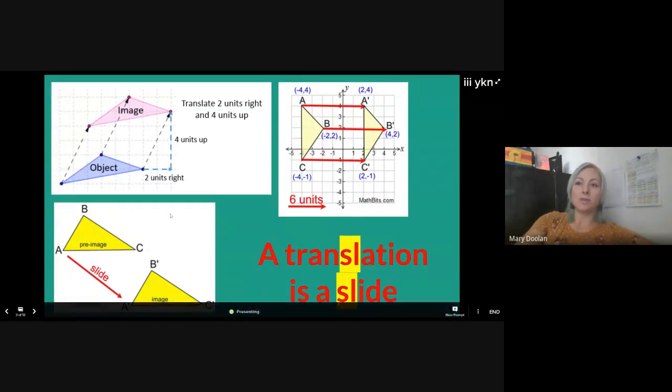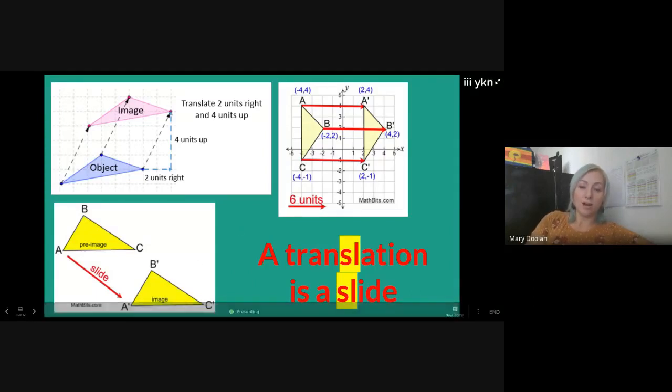You can see that in this picture with the yellow triangles. You have a pre-image, which is what you start with, and then it slides to the image, which is what you end with. Notice that the vertices A, B, C, after you slide it, after you translate it, become A prime, B prime, C prime. So we still have our same vertices, but they've been translated and now they're slightly different. They come with a little tick mark to show that they're different, but they originated from the original A, B, and C.